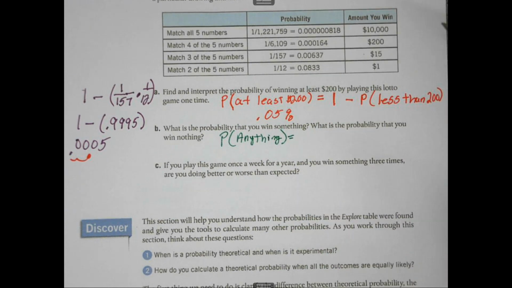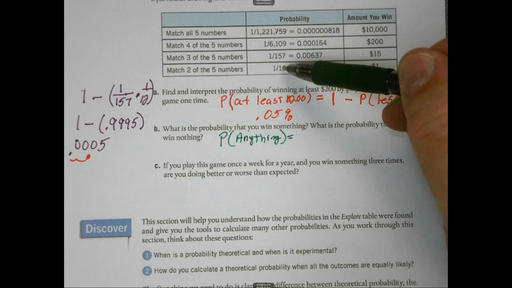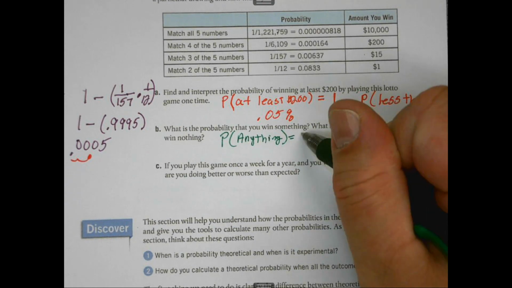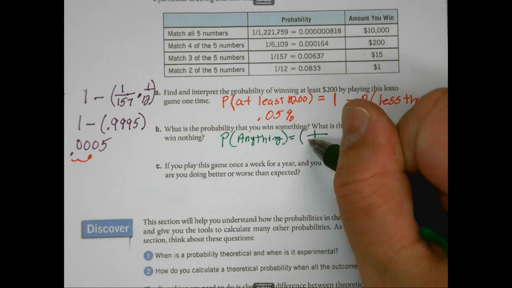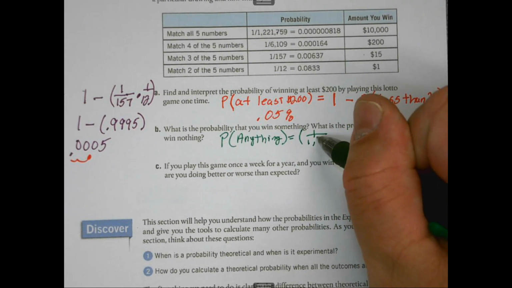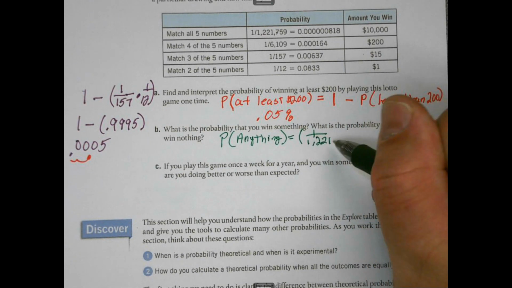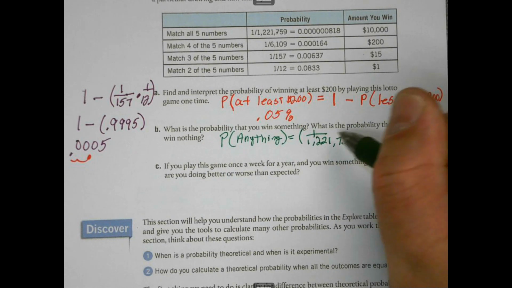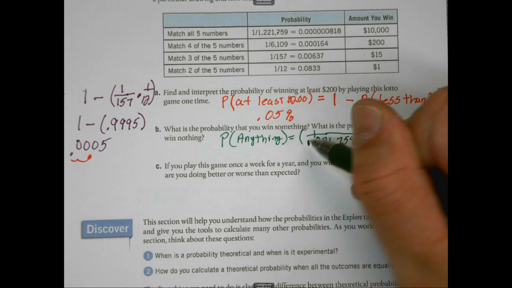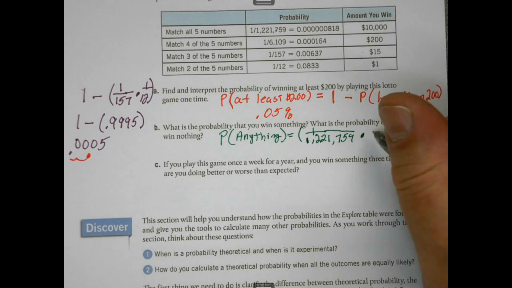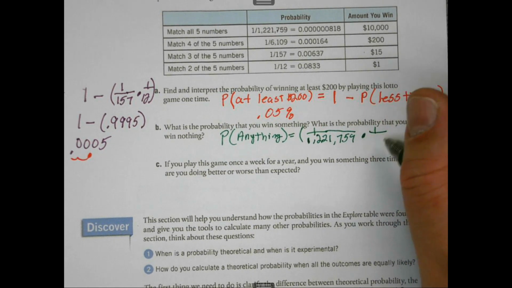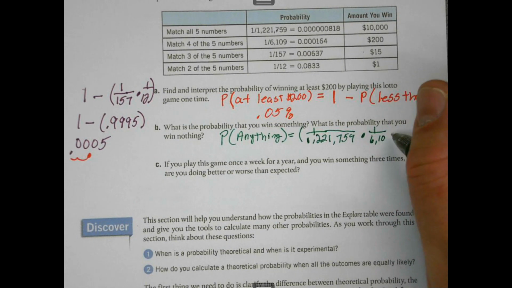So it's going to equal 1 divided by 1,221,759. Oh, there's a good percentage of winning something, huh? Times 1 over 6,109 times 1 over 157 times 1 over 12.